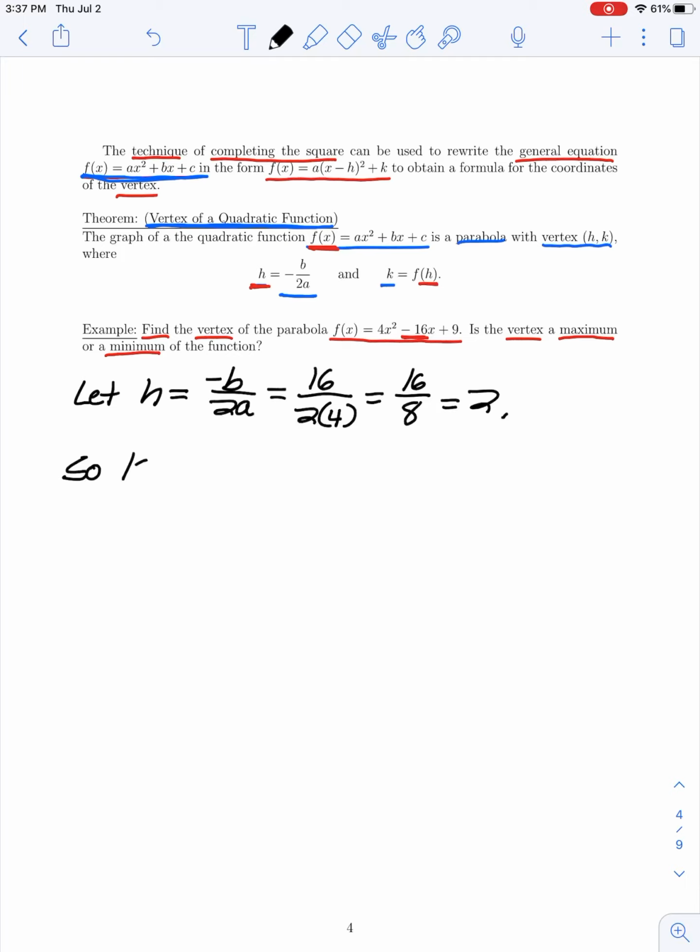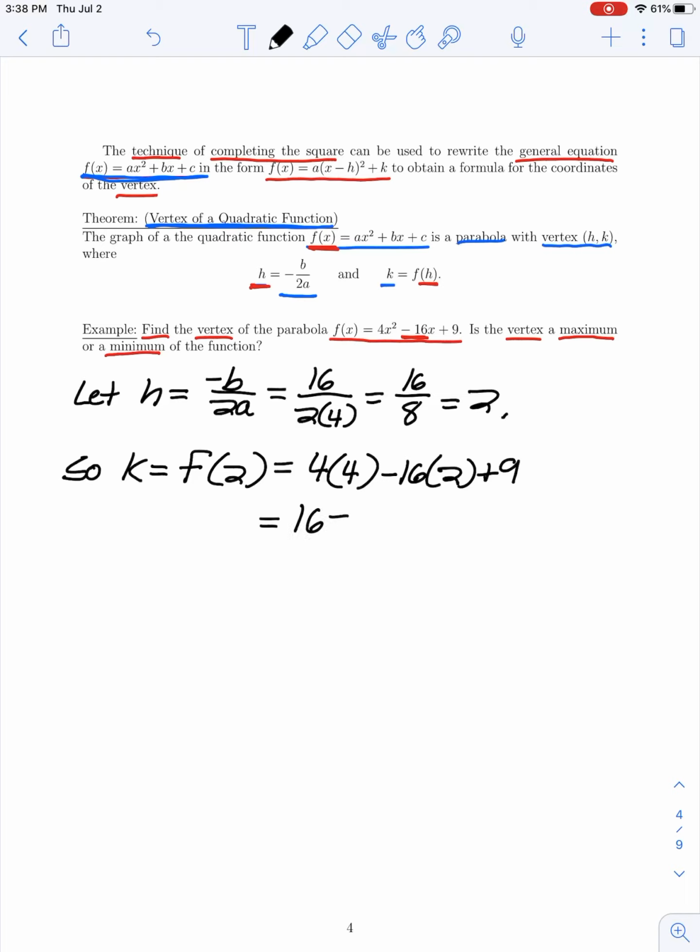So to get the y-coordinate for our vertex that we call k, we look at the value of the function f at the x-coordinate of the vertex, which we just found to be 2. So let's see what we have. Plugging in 2 for x, we have 4 times 2 squared, which is 4, minus 16 times 2, plus 9.